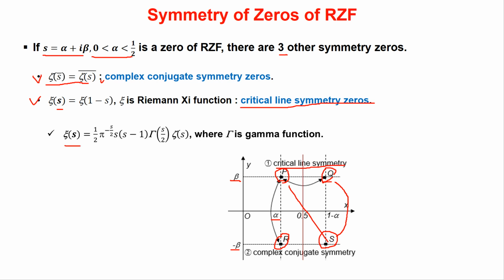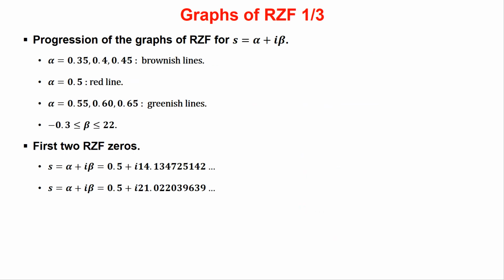And the Riemann function is given here. Here, gamma is the gamma function. Let's see the graphs of the Riemann zeta function. The first one shows the progression of the graphs of the Riemann zeta function for s.